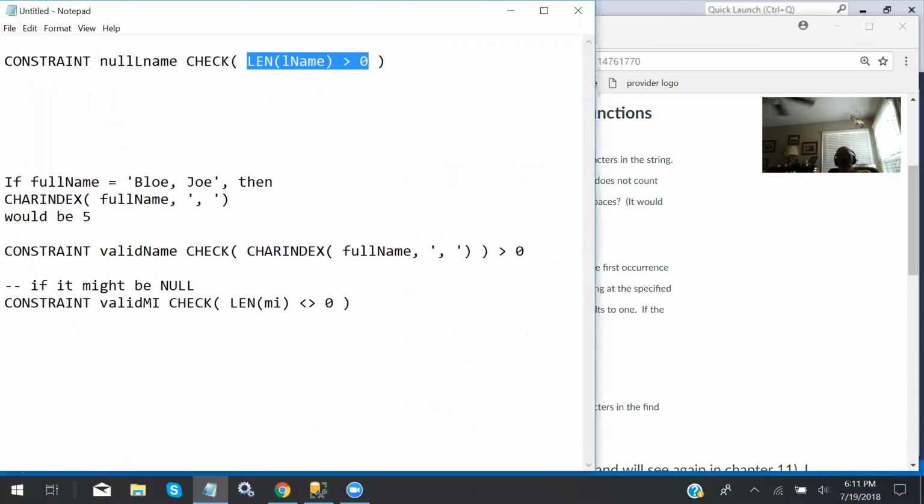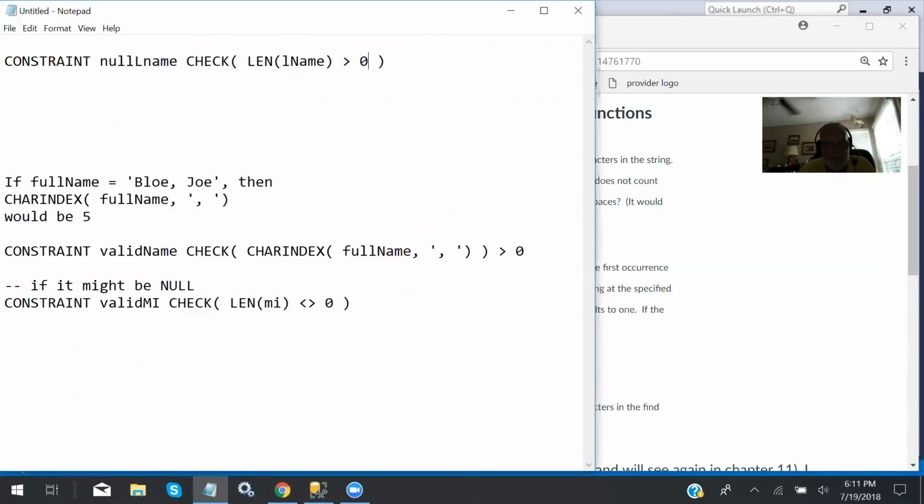So if your name is null, that means you don't have a name. But there is a problem. In computer science, you can have a name that doesn't have any characters. Oh, this gives us a pain in the petunias. That's not the same thing as not having a name. And so we want to check that the length of the field is greater than 0.